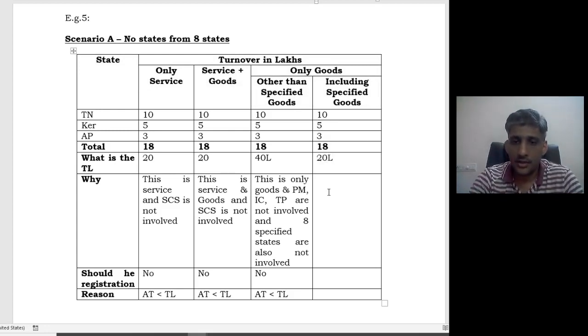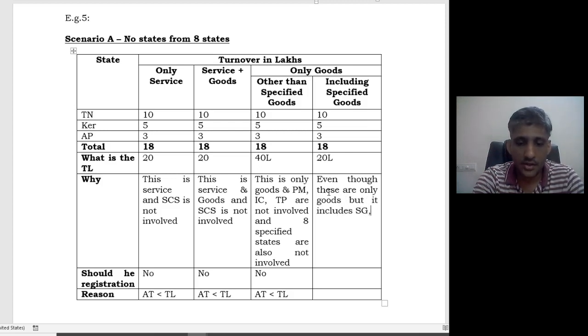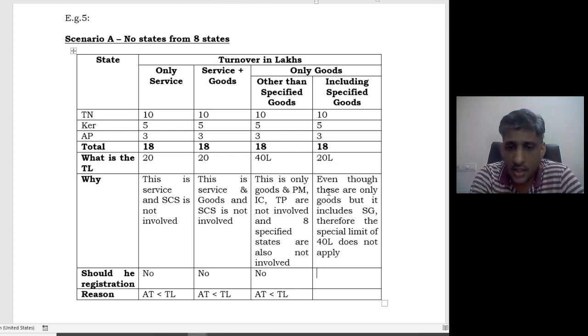Why? Because even though these are only goods, it includes specified goods, therefore the special limit of 40 lakhs does not apply. So should he take registration? No.